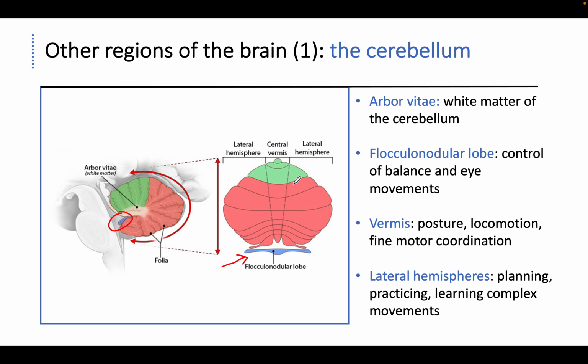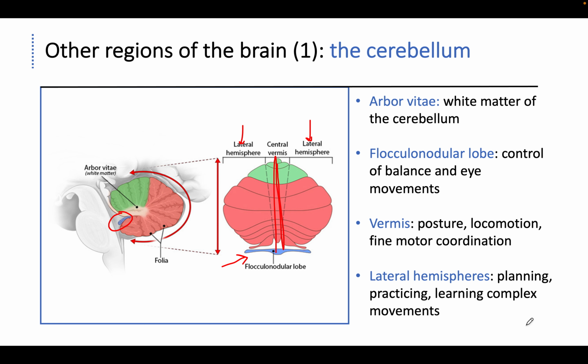We also have a region known as the vermis. The vermis is this midline region that we see running right here. So the term vermis means worm or worm-like, and it's largely connecting the two lateral hemispheres that we'll talk about next, and also has important functions regarding posture, locomotion, and fine motor movement and coordination. And then lastly, we have these lateral hemispheres. So we have a lateral hemisphere here, and we have another lateral hemisphere over here.